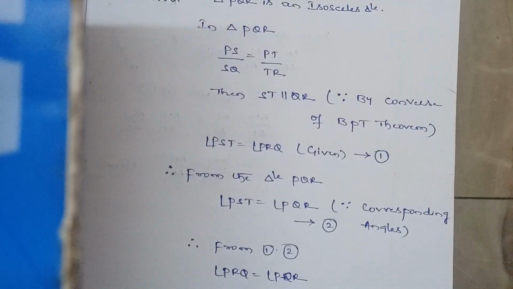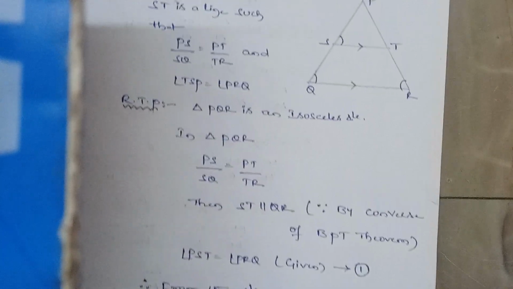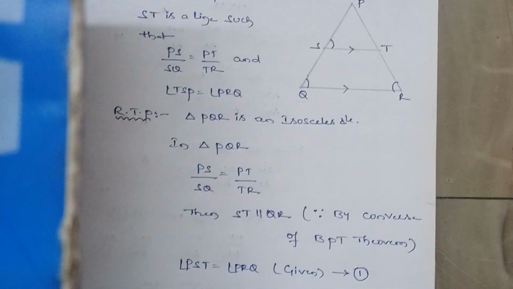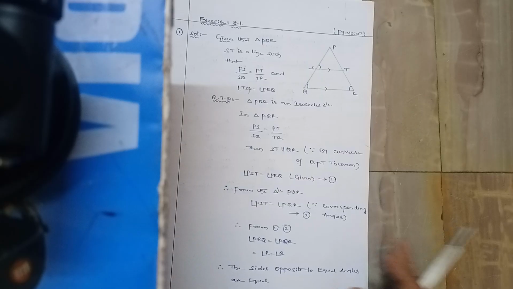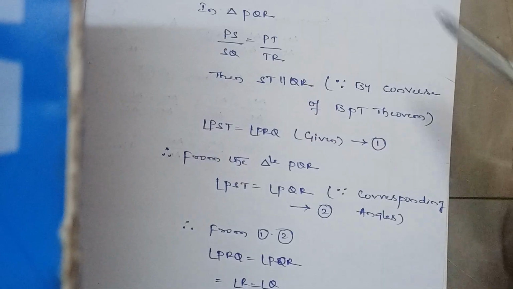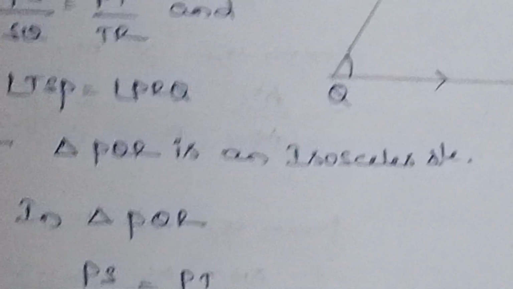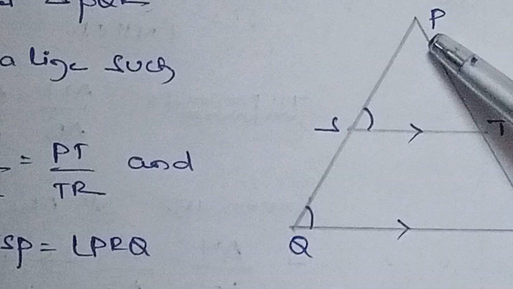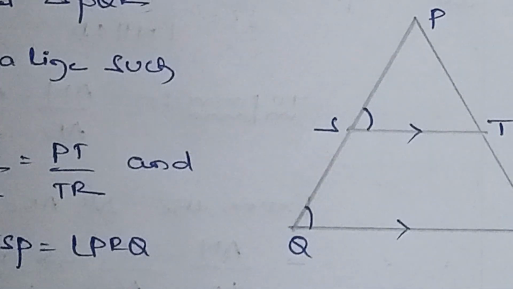Similarly, from the triangle PQR, students, angle S and angle Q, these two angles are on the same side of a transversal.